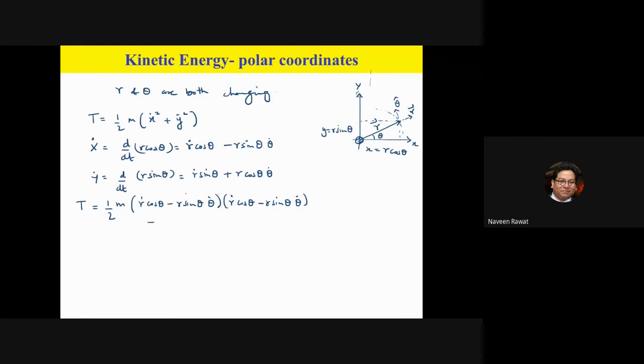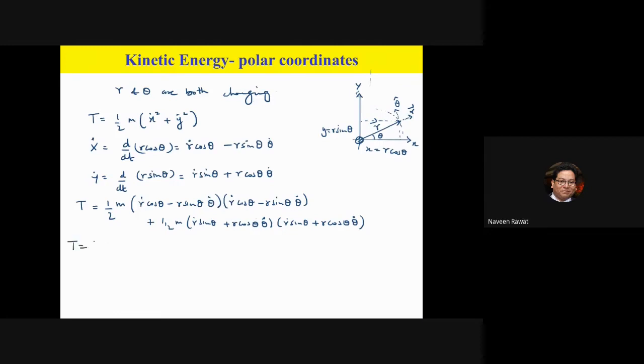And I have another term, which is 1 half m y dot square. So I will have this expression twice. I have r dot sine theta plus r cosine theta theta dot. Those are my two expressions. Now let me see if I have gotten them correct. All right, I'm happy with them.